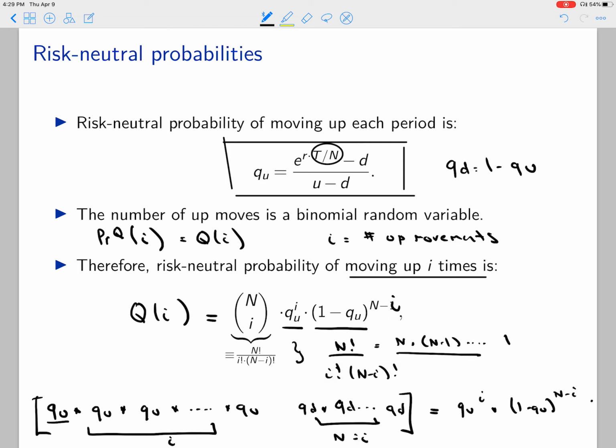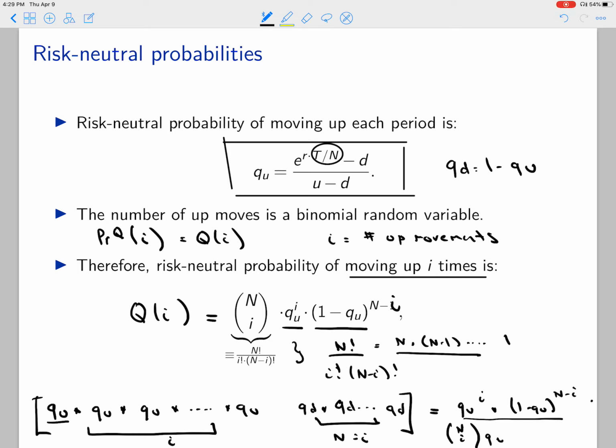It's not the only path. For example, you could move down n minus I times and then up I times exactly in a row and get the same thing. Or you can move up, down, up, down, and so forth. You then need to account for the number of combinations, or the number of possible ways that you could arrive at such I movements. The way you account for that is you just use this combinatoric n choose I.